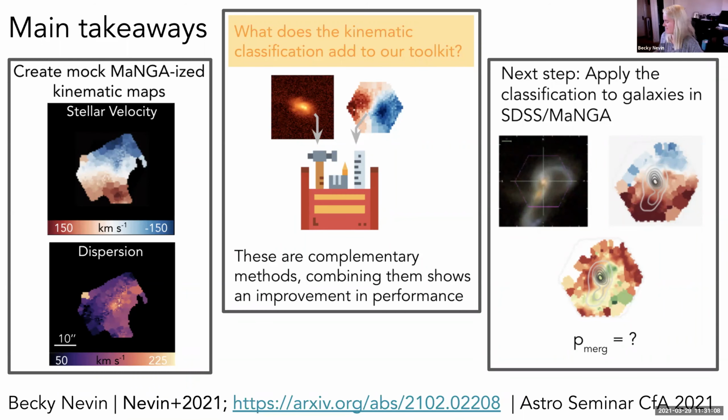But there's a debate on how much you can really tell from high redshift kinematics, because of course they have lower signal to noise and you have fewer spaxels. It would be interesting to just see, even without using any data, what signal to noise and spatial resolution you would need to be able to tell the different stages of mergers.